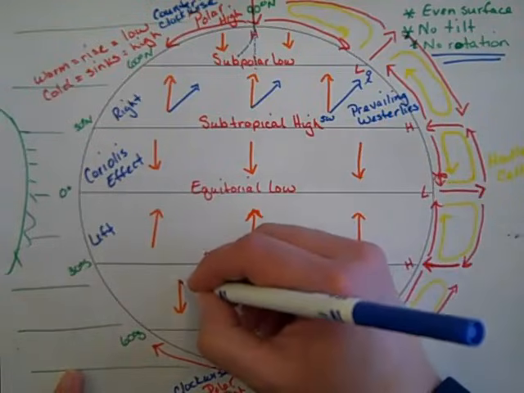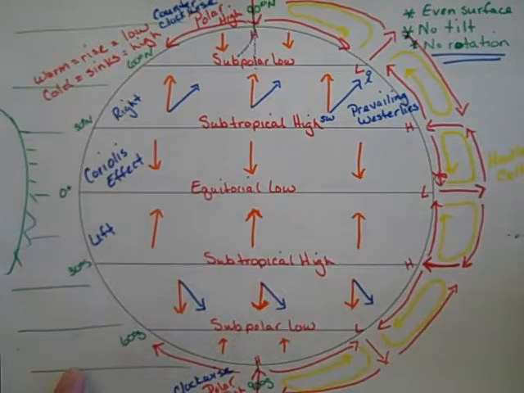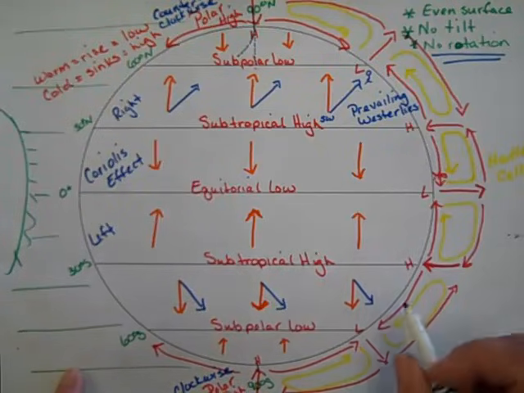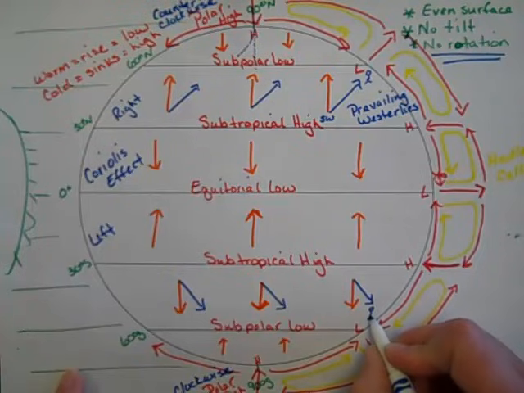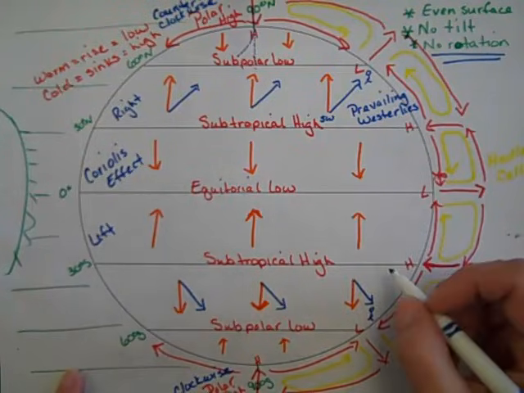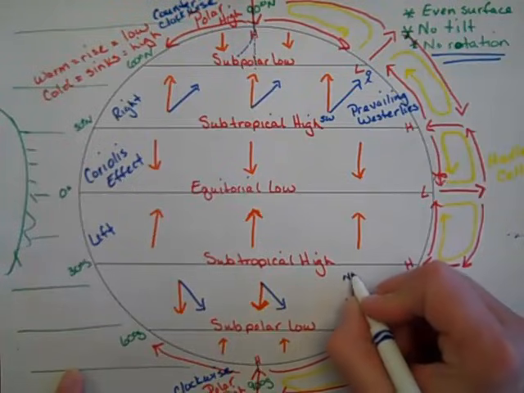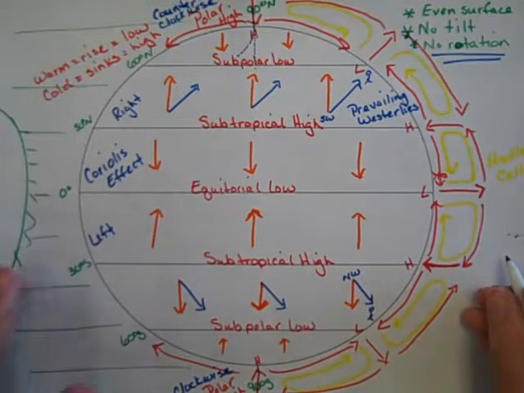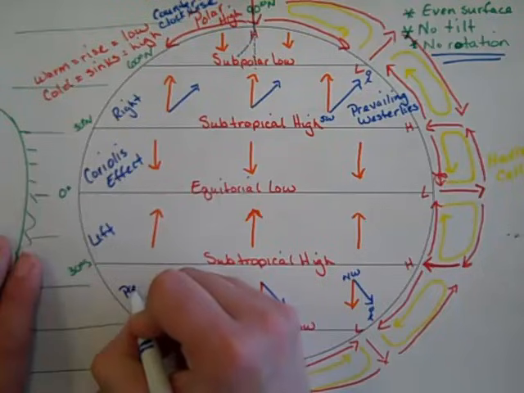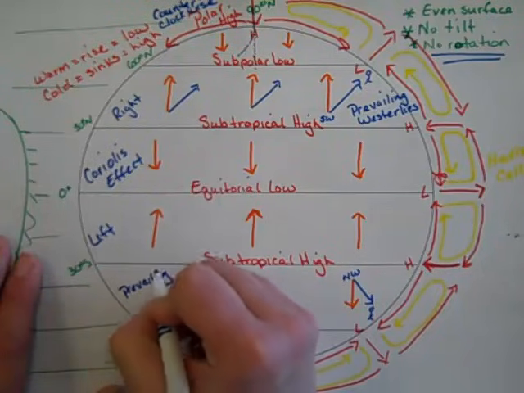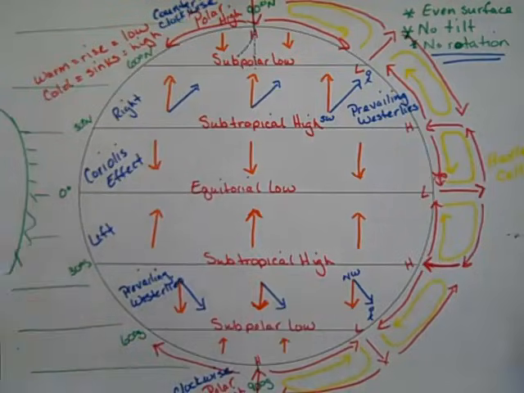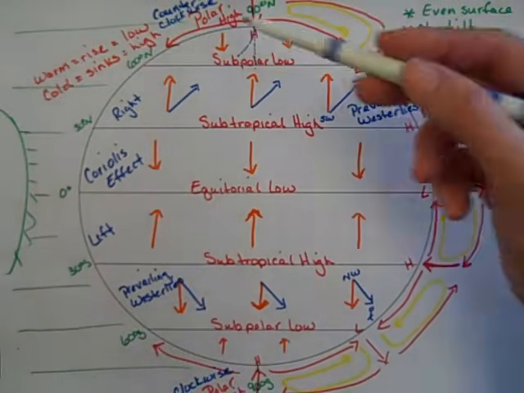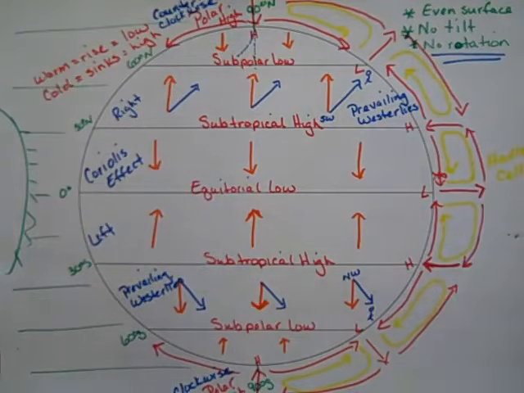So the Coriolis effect is going to deflect that air. Again, if you are standing over here, it appears to be coming out of the northwest. So again, we call these the prevailing westerlies. All right. So we have this wind belt between 30 and 60, the prevailing westerlies.